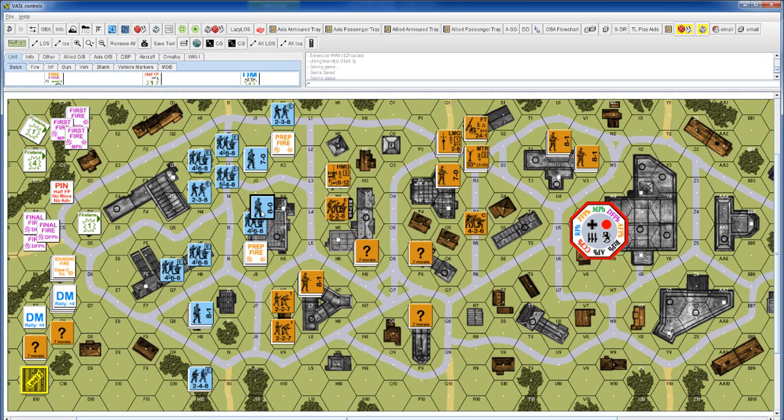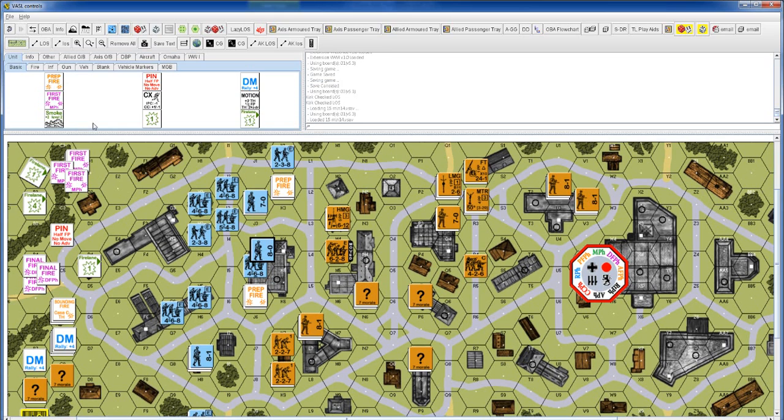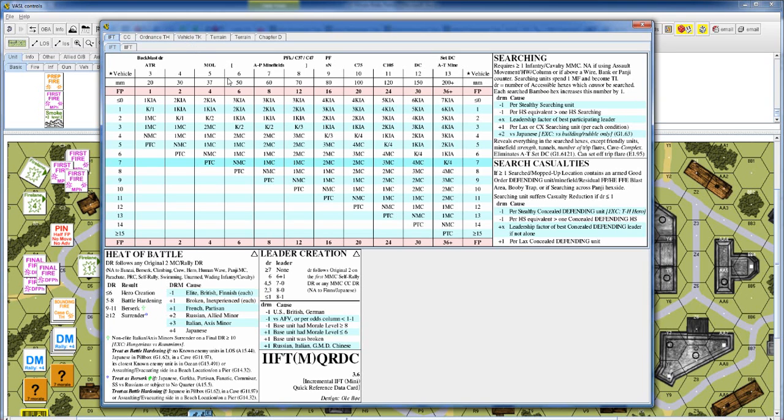If this unit was CX for whatever reason, let's put a 6 counter on there. If these German units moved into this hex right here, and this unit defensive first fired on it, it is going to do its attack of 6 firepower, but then it's going to leave half of its firepower rounded down.